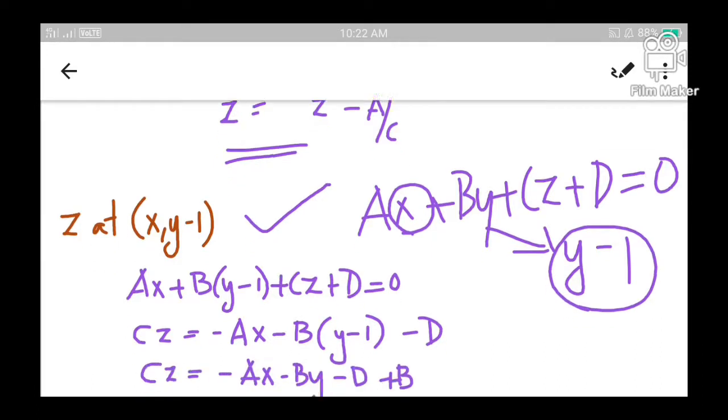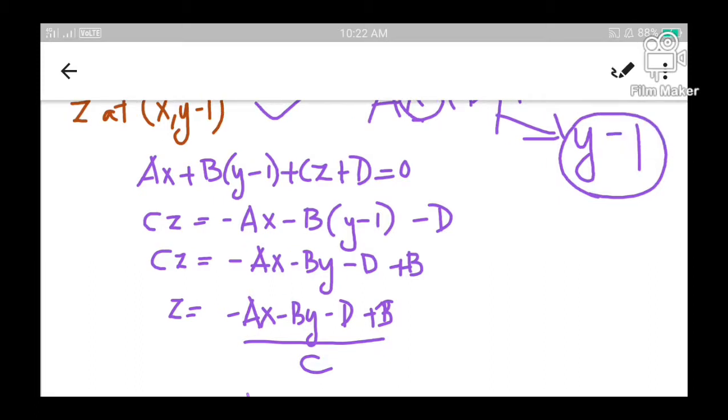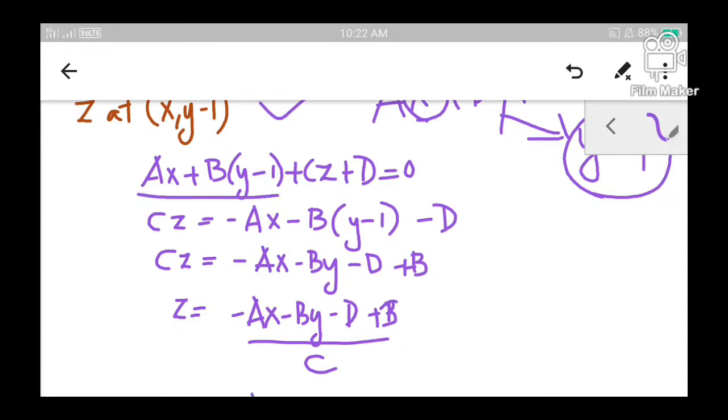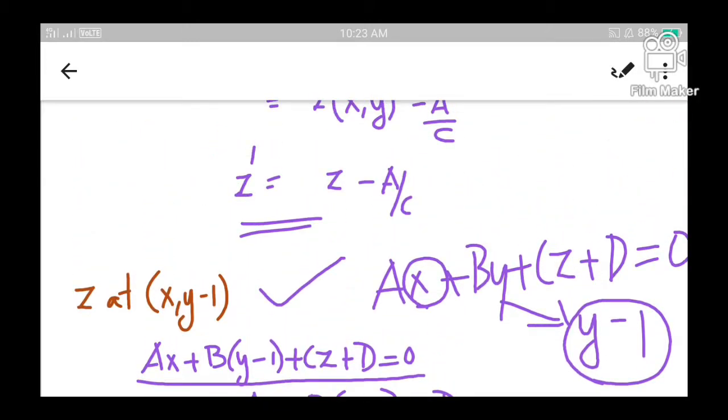Okay, so let us substitute the values and we get ax plus b into y minus 1 plus cz plus d equal to 0. Once we obtain this stage, we can cross multiply and we get ax plus by minus b plus cz plus d equal to 0.